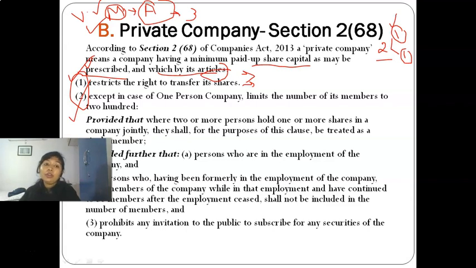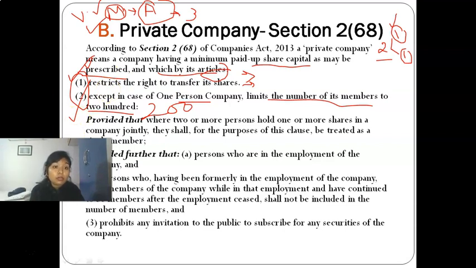Otherwise, you cannot freely publicly transfer the shares of a private company. The second restriction is, except in case of OPC, because we have said in OPC there is only a single member, any other private company has a maximum limit on the number of members of 200.